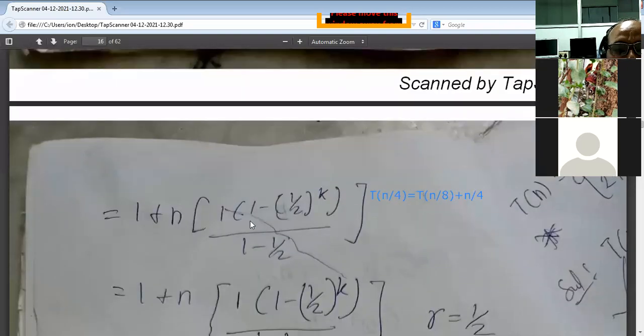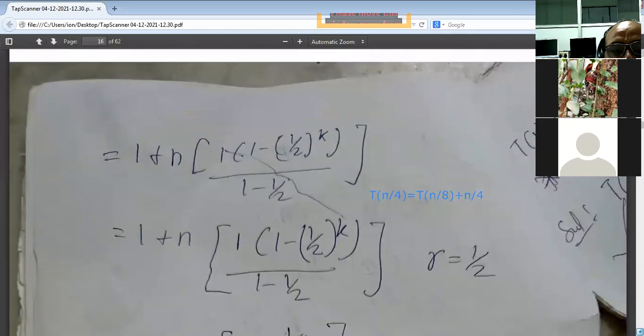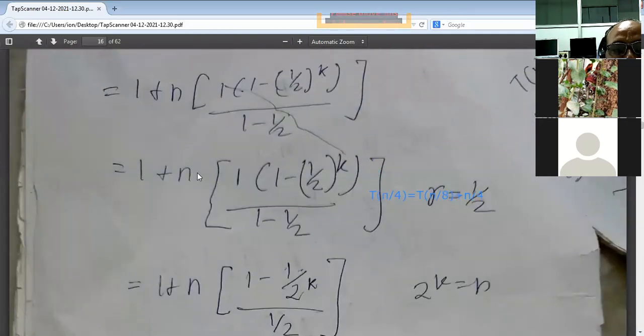I have kept it in the GP formula, (1 minus r^k) divided by (1 minus r). So I got r as 1/2, and I have kept it in the GP equation. So 1 plus n was common, (1 minus r^k), 1 minus 1/2.